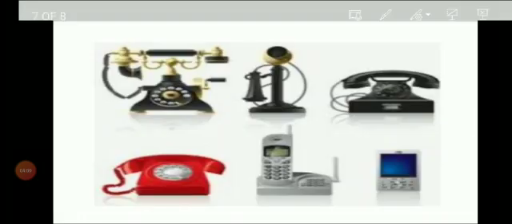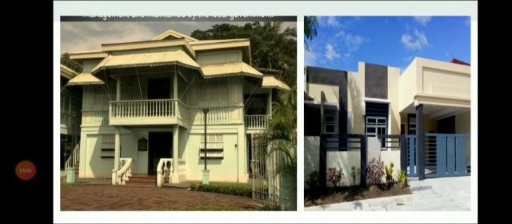Now look here, there are two pictures. Look at this house. This house shows the building structure of the houses 60-70 years ago. People used to build houses like this. Now if you look at this picture, it shows the house that people build nowadays. It's the modern form of house.